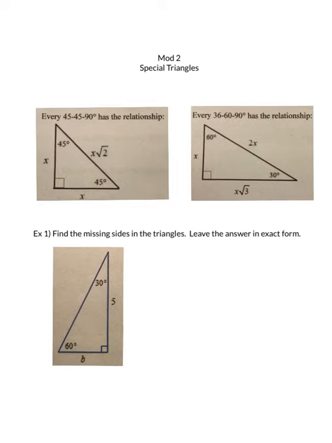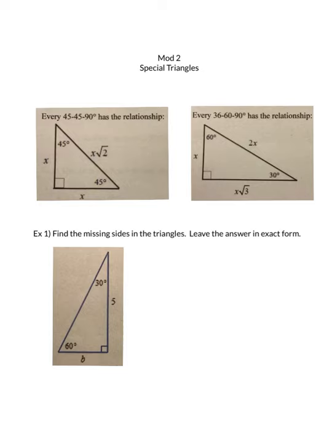So we want to use the relationships of a 30-60-90 triangle. You must have these relationships memorized. What we know from our given rule for 30-60-90 triangles is that the long leg is always the short leg times the square root of 3.